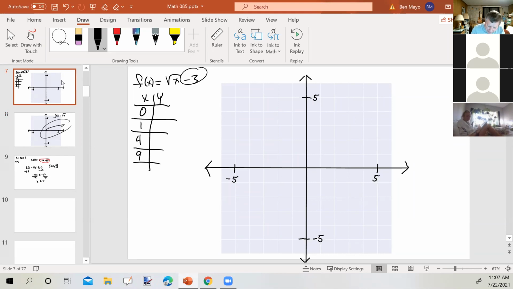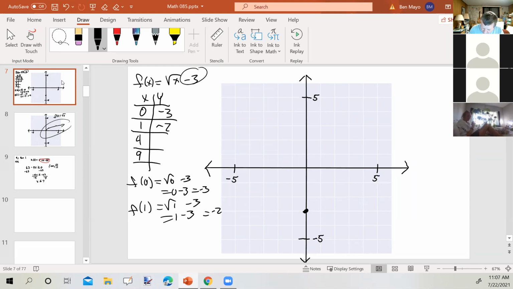So if x is 0, f of 0 is the square root of 0 minus 3, which is 0 minus 3, which is -3. Okay, so I'm right there. So far, so good? Yes. Okay, how about 1? F of 1 is the square root of 1 minus 3, which is 1 minus 3, which is -2.